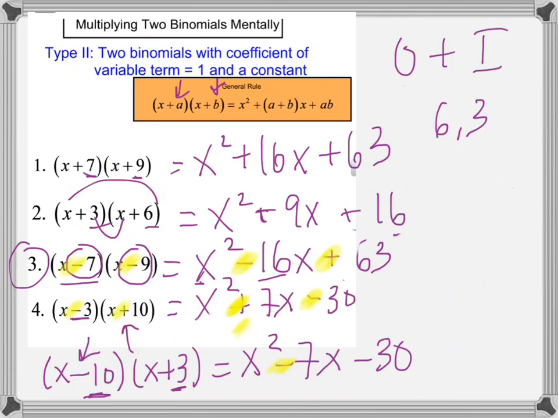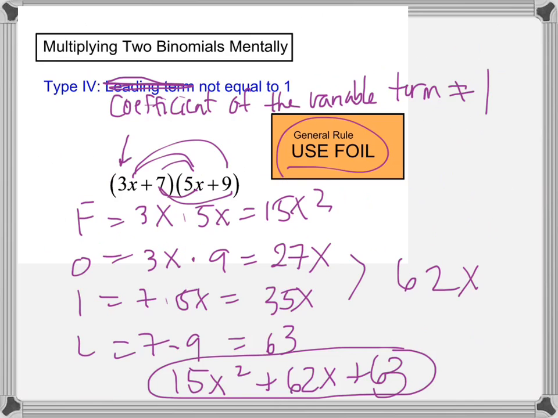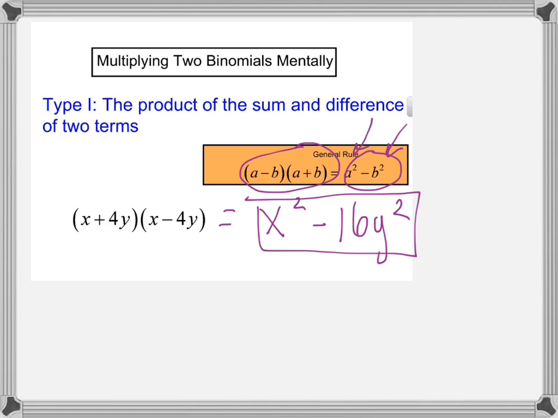So let's just review quickly the types here. So we had type 1, which is the product of the sum and difference of two terms. So the general rule was we used a squared minus b squared.